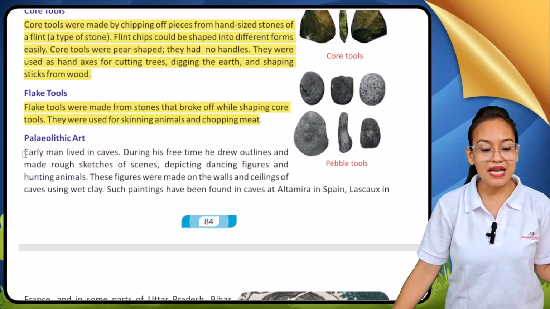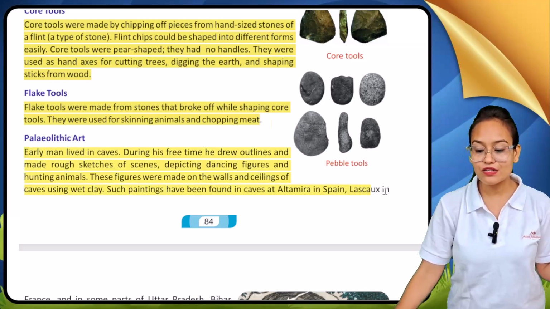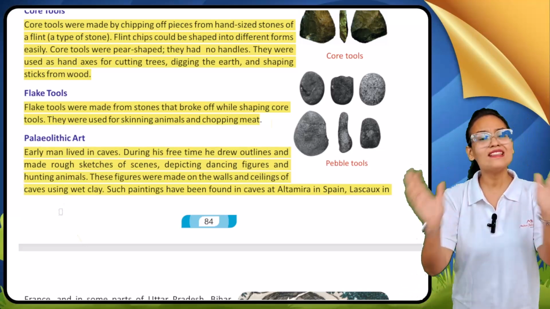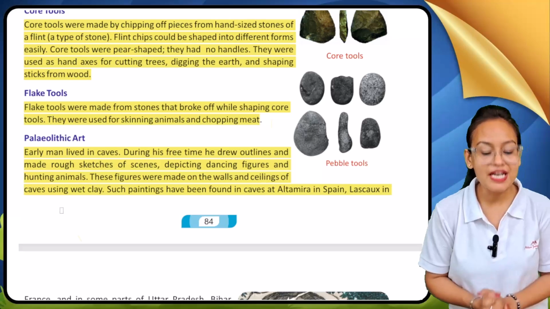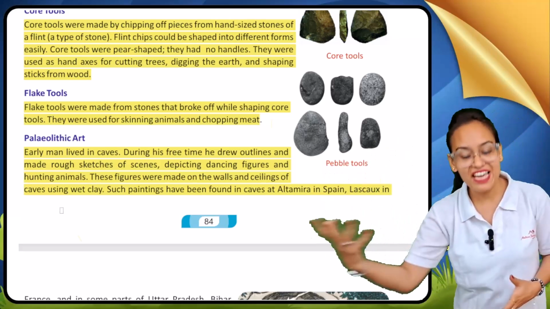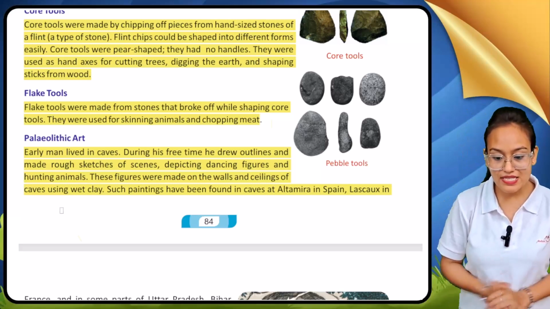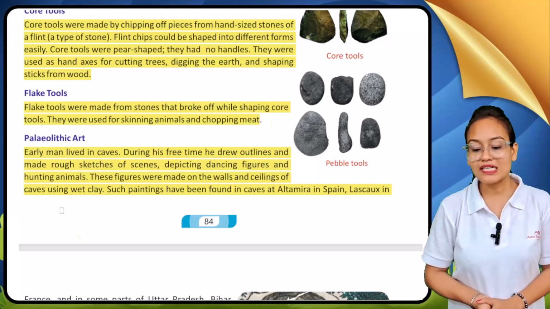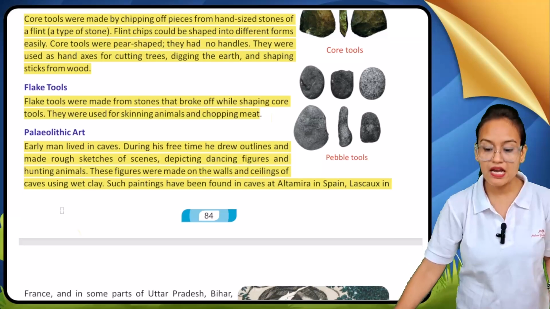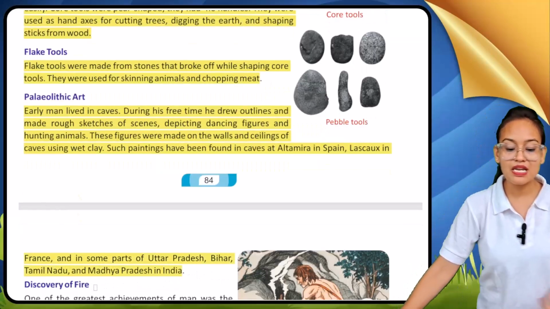Paleolithic art. In Paleolithic art, my dear students, early man used to draw some pictures. When early men were free, they used to draw rough sketches, like in caves. Examples of Paleolithic art we can see in the caves of Altamira in Spain, Lascaux in France, and in India in some parts of Uttar Pradesh, Bihar, Tamil Nadu, and Madhya Pradesh.